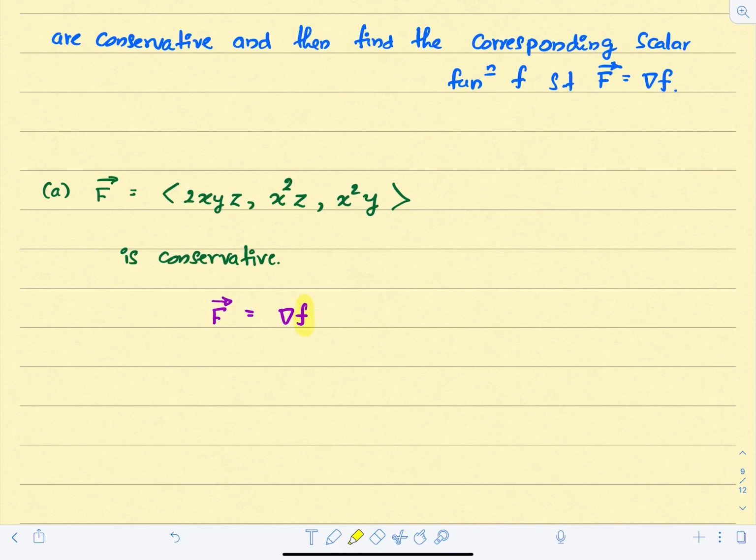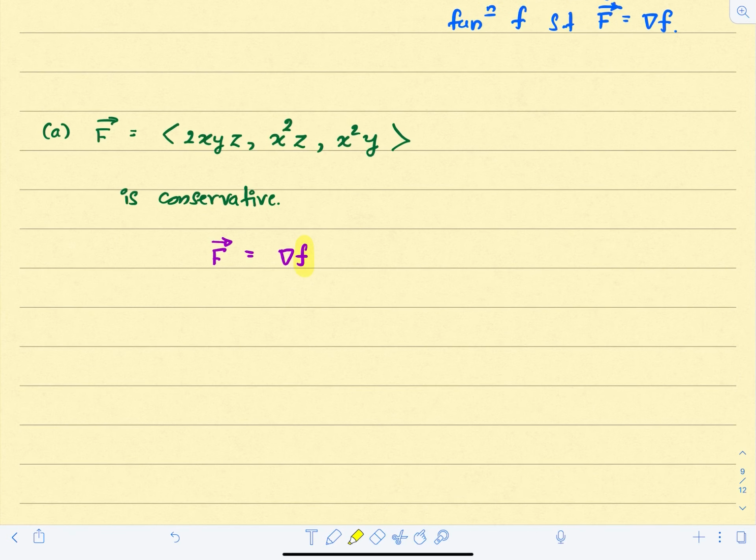So if you consider the gradient of this scalar function, you will get something like this: partial f over partial x, partial f over partial y, and partial f over partial z. This equals the given vector field.